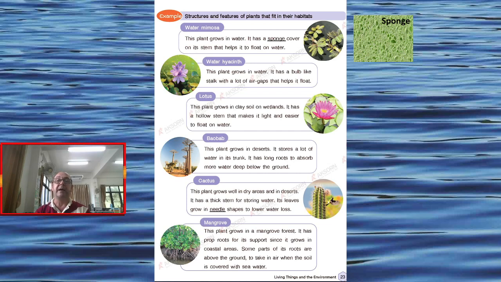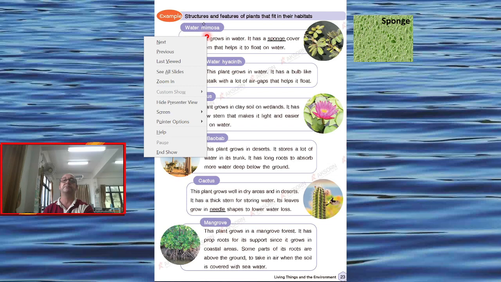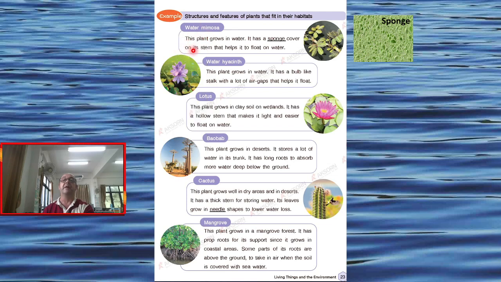So let's look at the top one, the very top one. So this one here, the water mimosa. This plant grows in water.